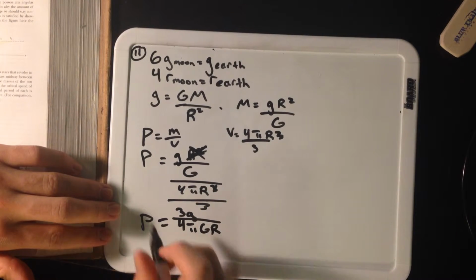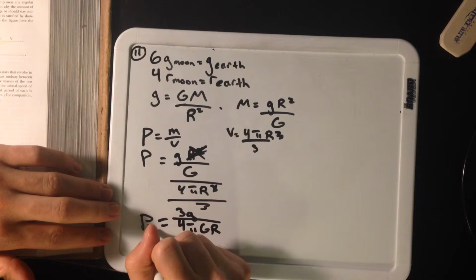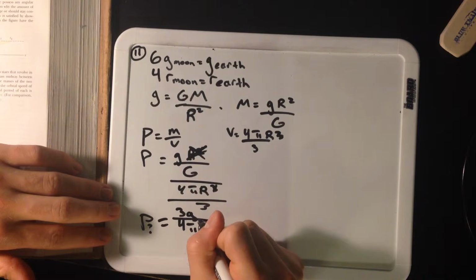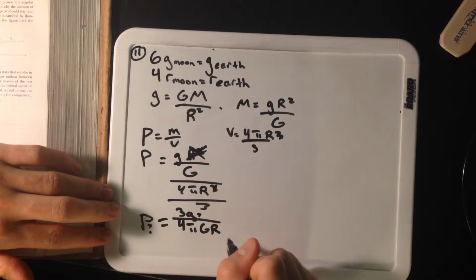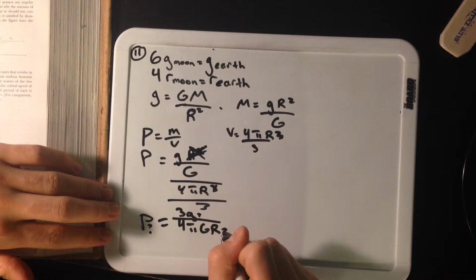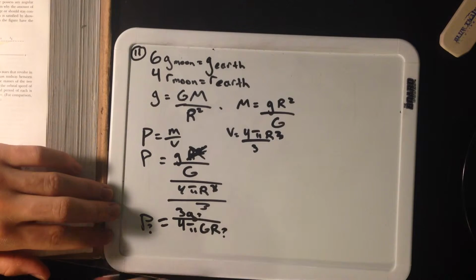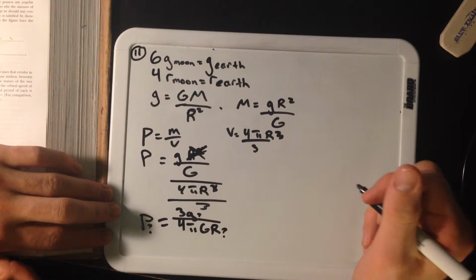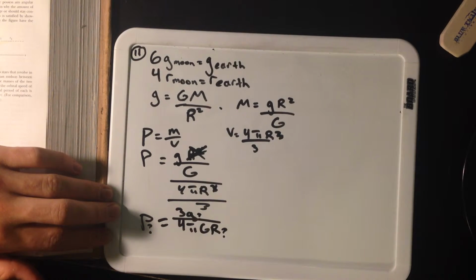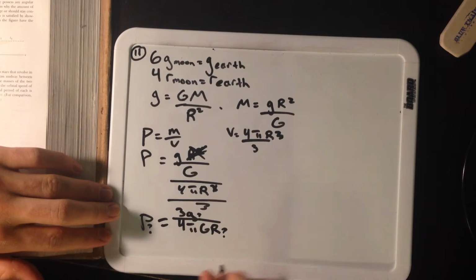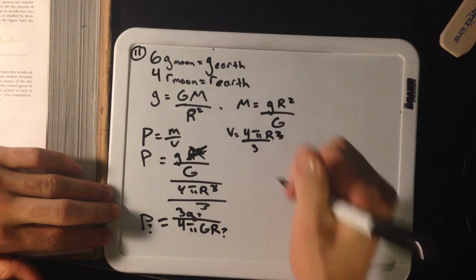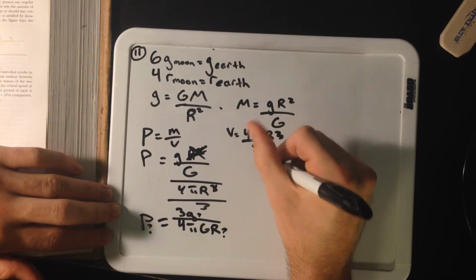So this is the density of an unknown body, this is the gravitational pull of the unknown body, and this is the radius of the unknown body. Now we are going to substitute in variables, and since we have a ratio, we know that all the constants are going to drop out, so 3, 4, pi, and G are going to cancel out.